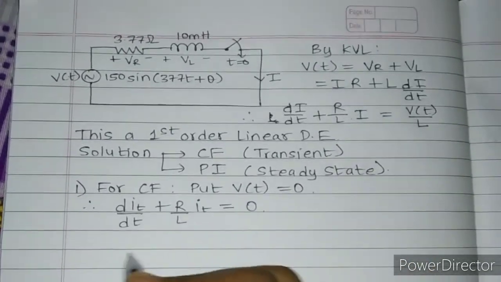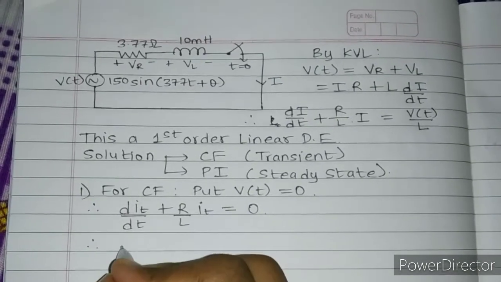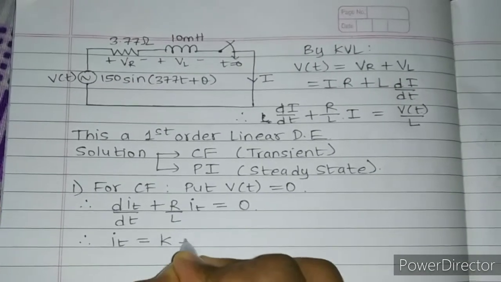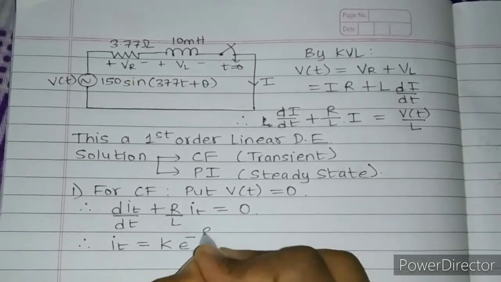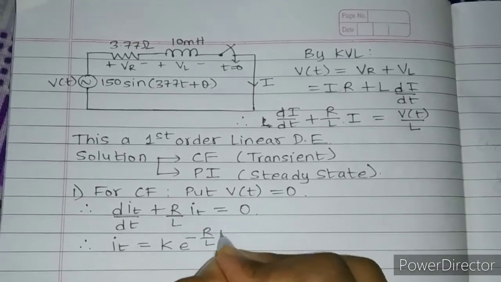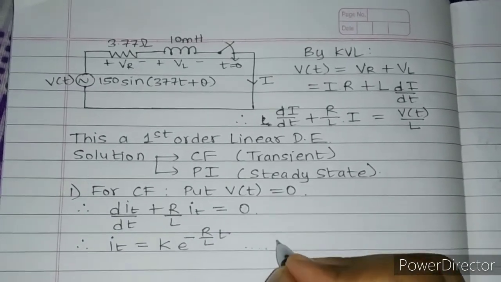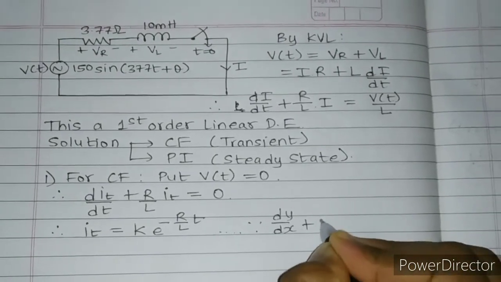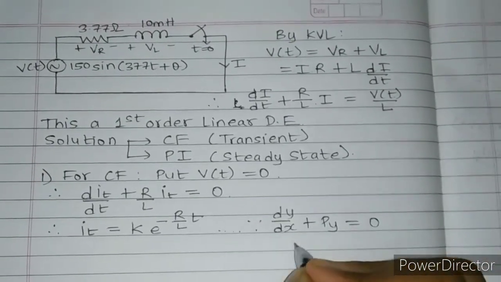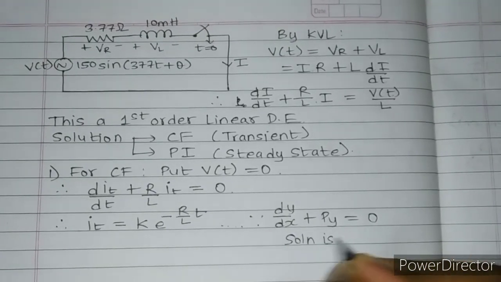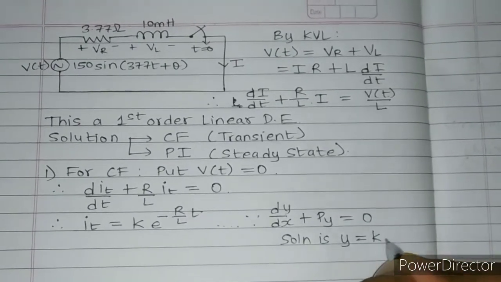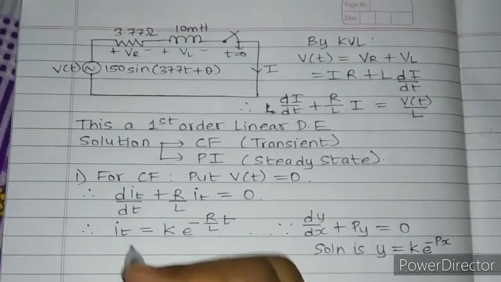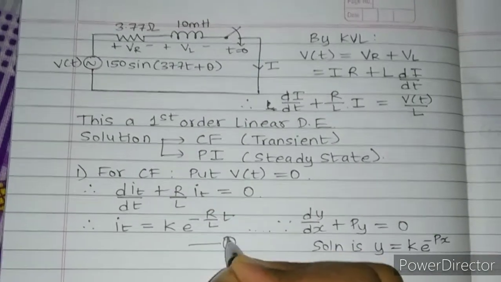Therefore, its solution is IT is equal to K e raised to minus R by L into t. This is because if we have an equation dy by dx plus py is equal to 0, we know its solution is y is equal to K e raised to minus px. So let's name this equation as equation number 1.